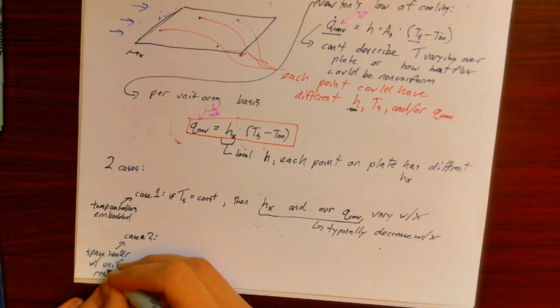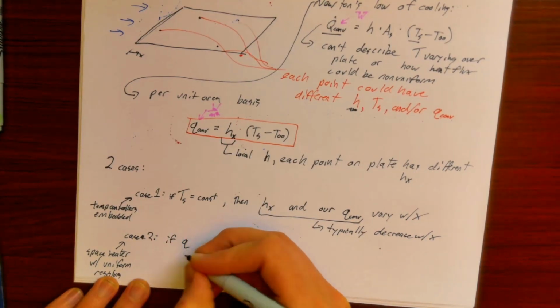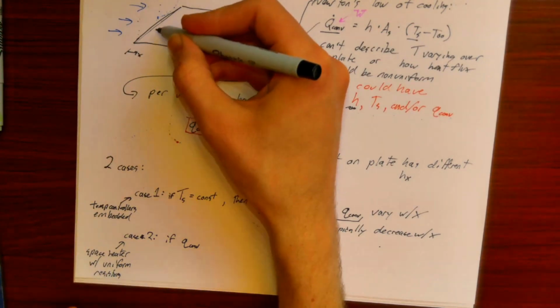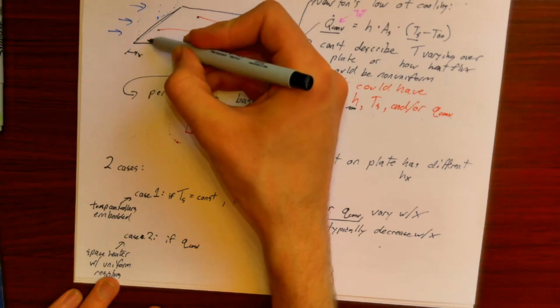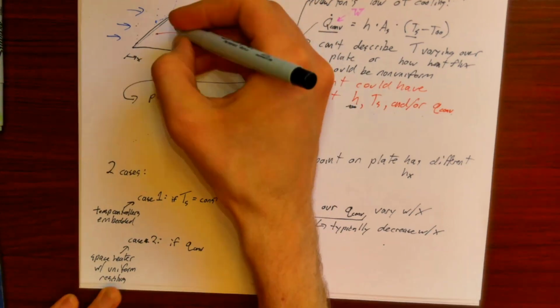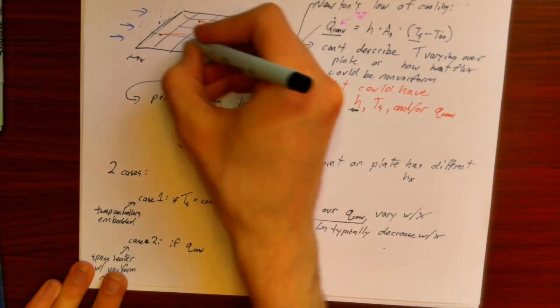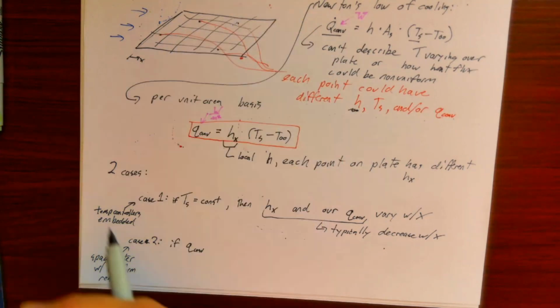So if that's the case, then if you have a constant convective heat flux, basically the electrical resistors start heating up, and each resistor in each little region of the plate is generating a constant heat flux.